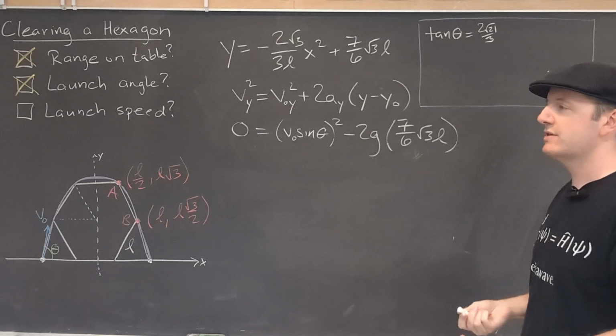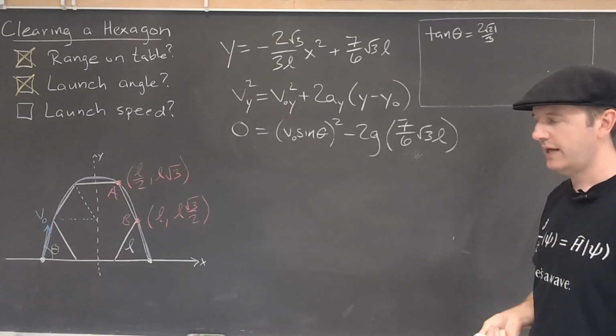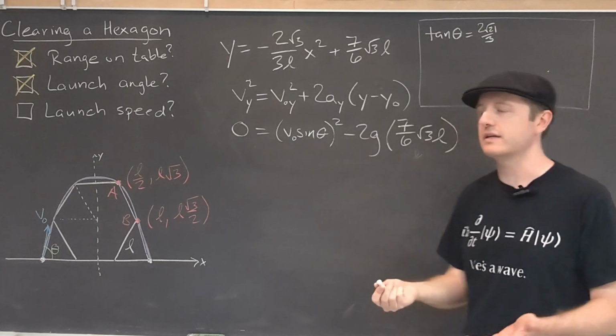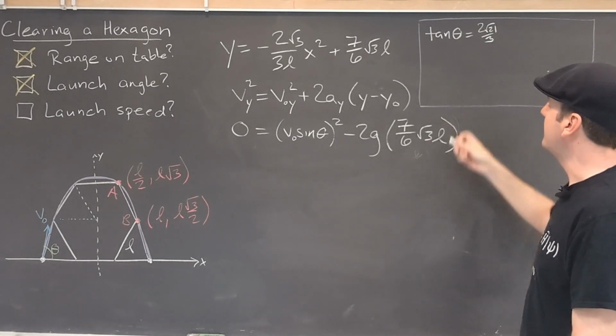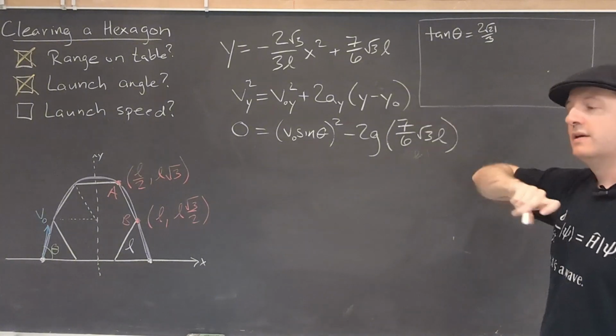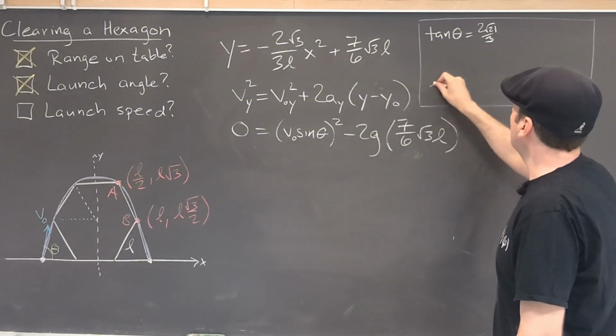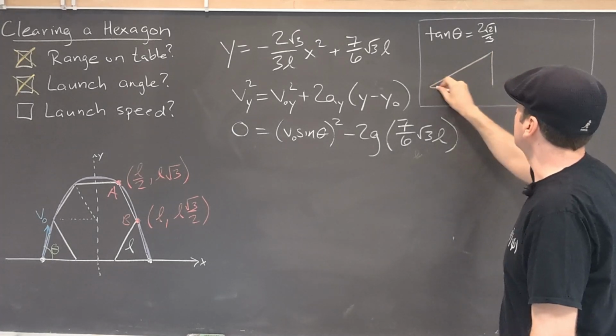Well, we know that tangent is sine over cosine, and we know that cosine is the square root of 1 minus sine squared. So we can always rewrite things in terms of tangent. In fact, though, another clever trick is to recognize that we could always just draw a little triangle here.